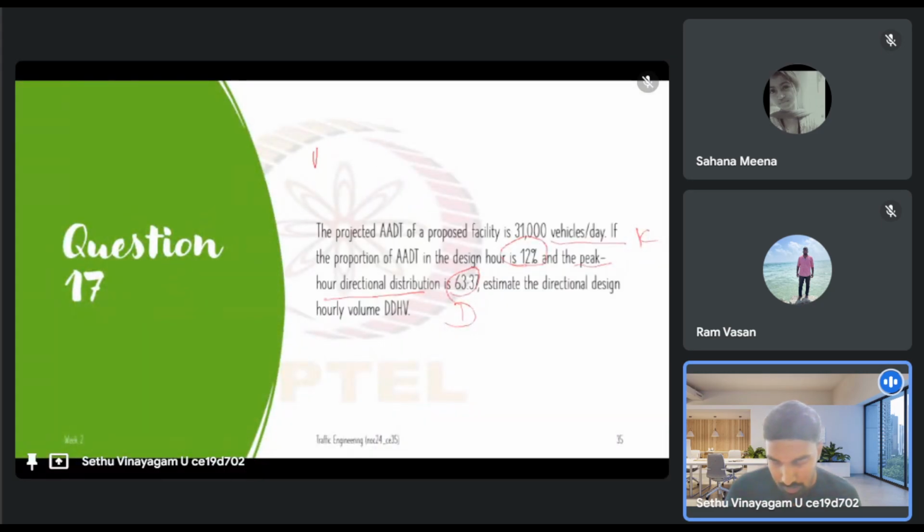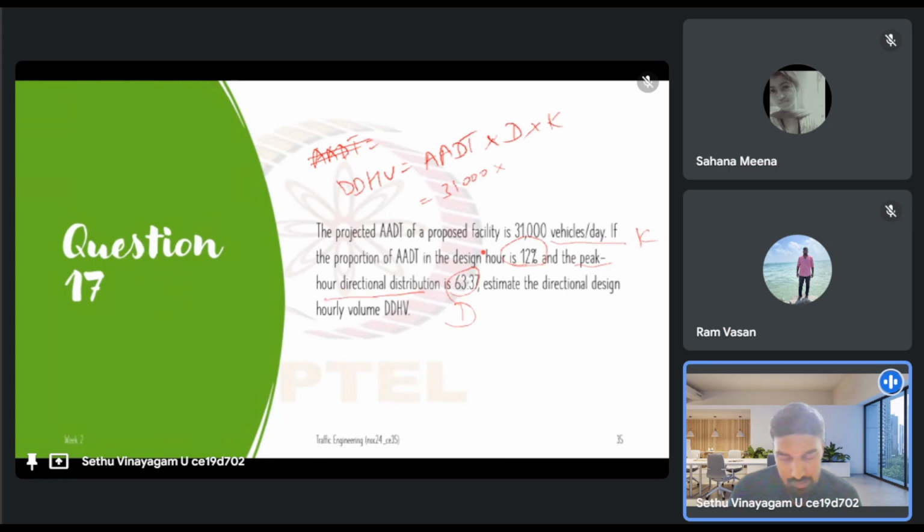As I said, DDHV is related to AADT like this: AADT into the directional split factor into the peak hour factor, the peak hour proportion. So AADT is 31,000 vehicles per day, into the directional split.